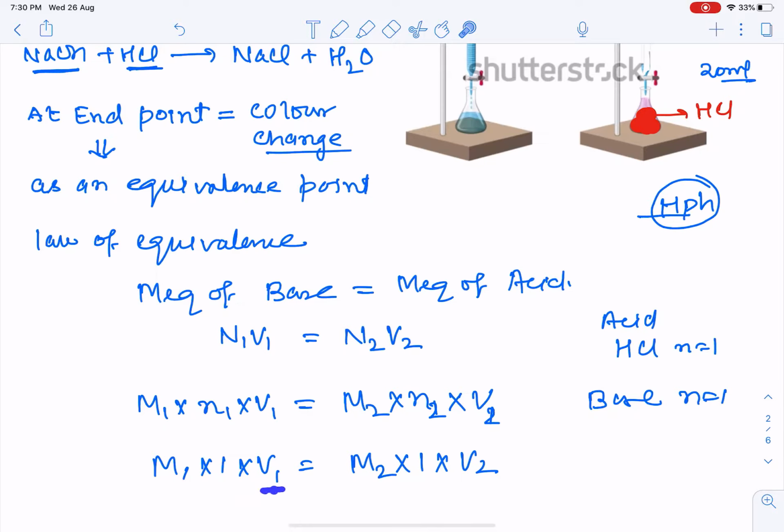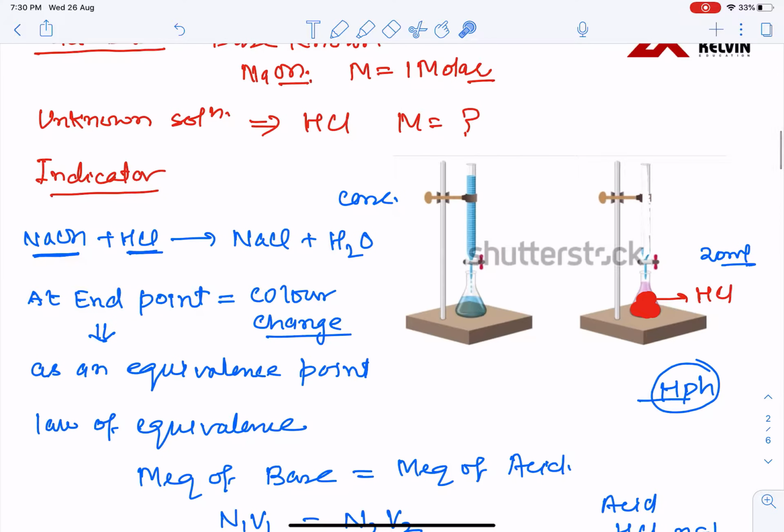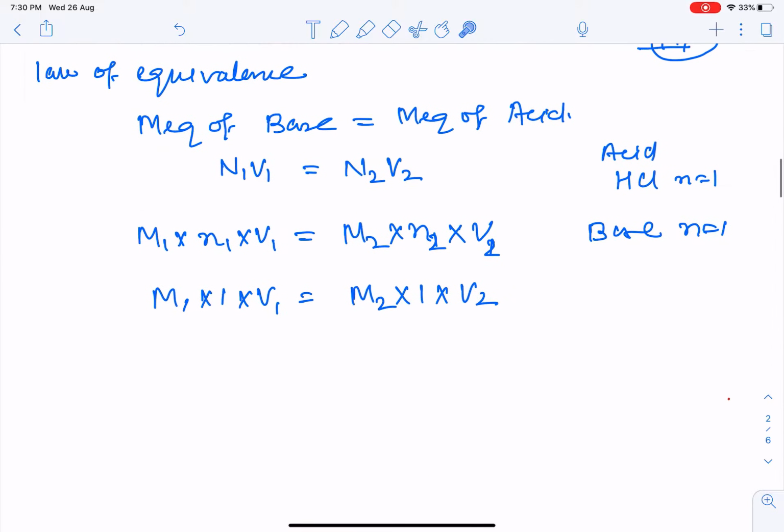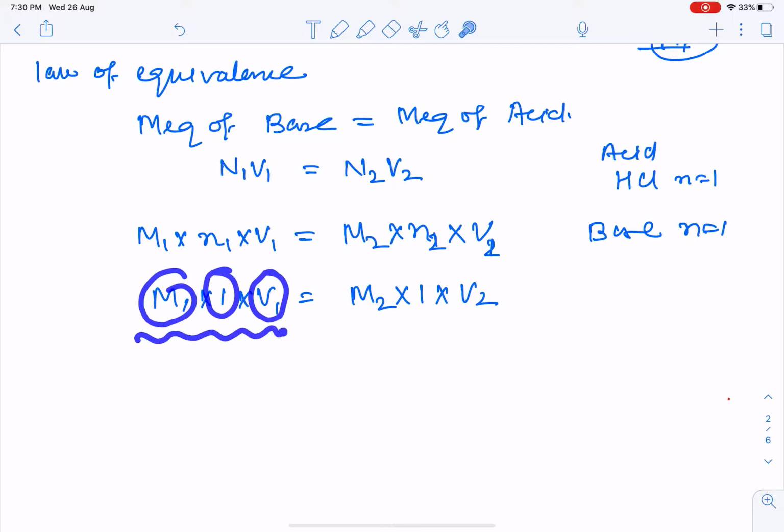And V1 you will get from the burette reading, how much volume you have used. So you will use that part. The molarity of the base is known because this is a known solution.